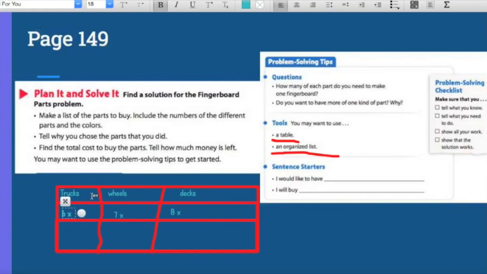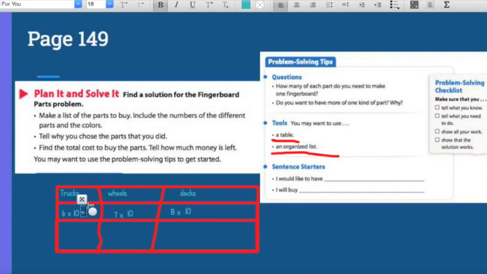So 6 times 10, 7 times 10. I'm going to get 10 of each one of these. This is just random. You're going to have to play with the numbers to make sure that you have enough money and enough parts to have those extras that he has suggested.